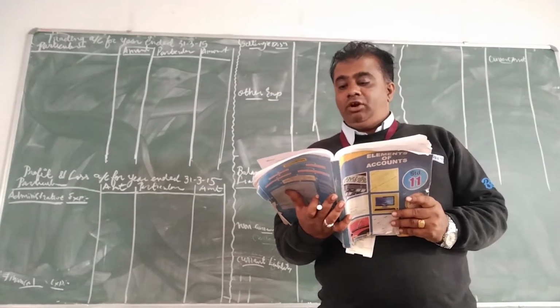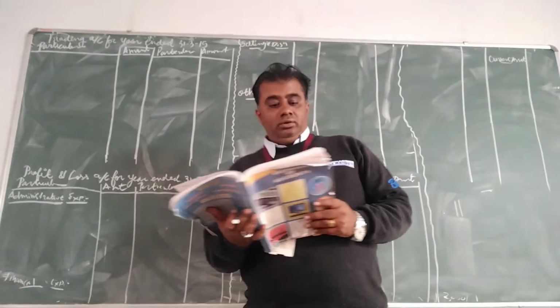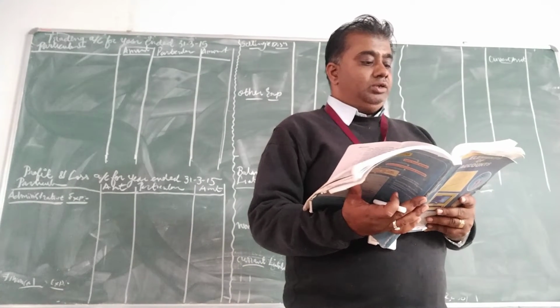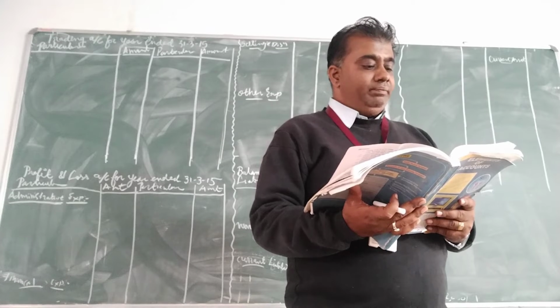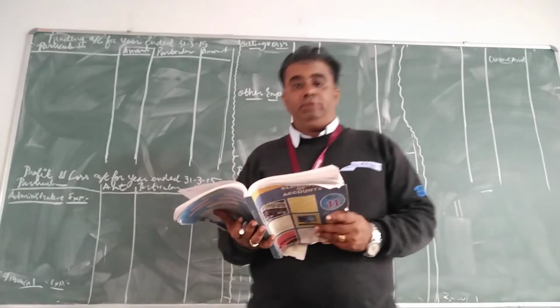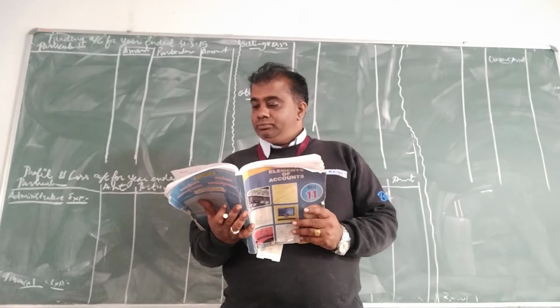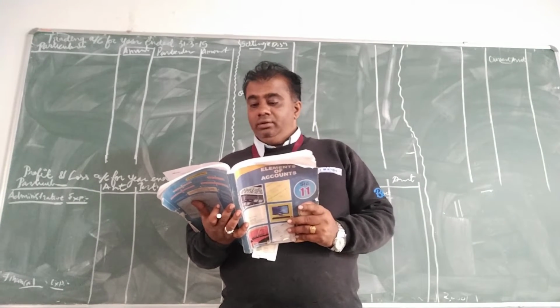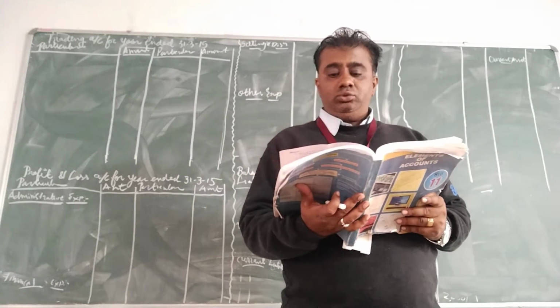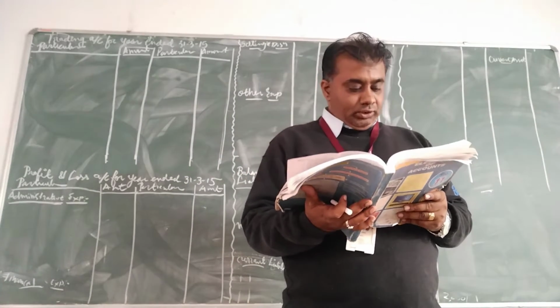Then depreciation on fixed asset. So we have three fixed assets here given: land and building, machinery and furniture. Make tick mark on it. Then insurance premium includes 3,200 for the next year.